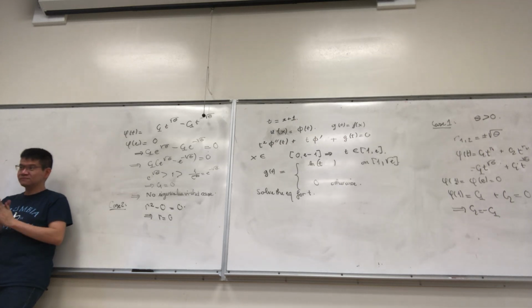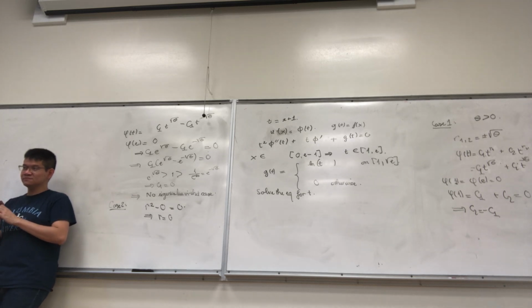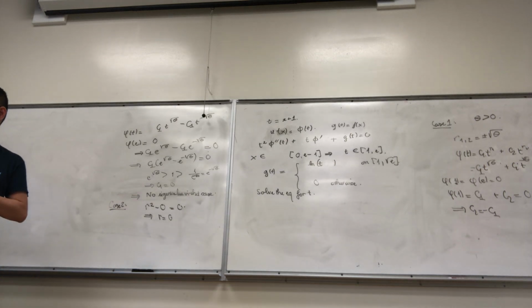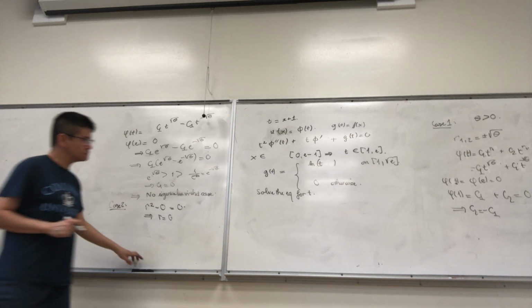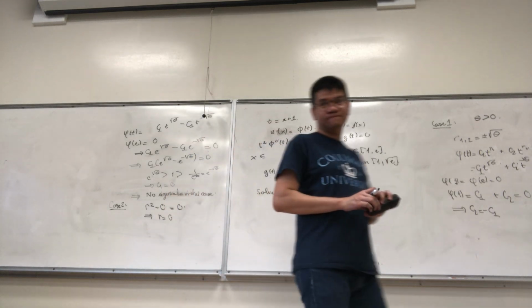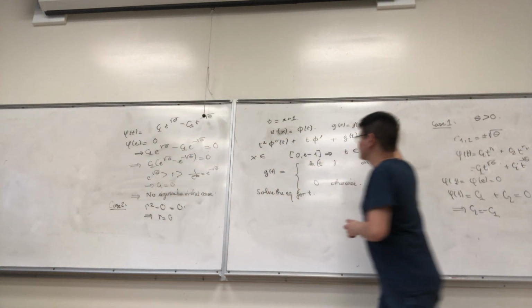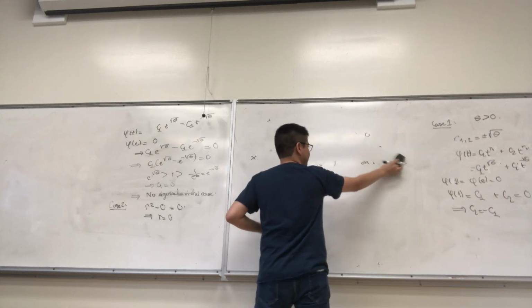C1 x to the R1 plus C2 ln x x to the R2. And so then in this case, if R equals 0, the x to the 0 term would just be 1, so you'd have C1 plus C2 ln of x, and then that's it.